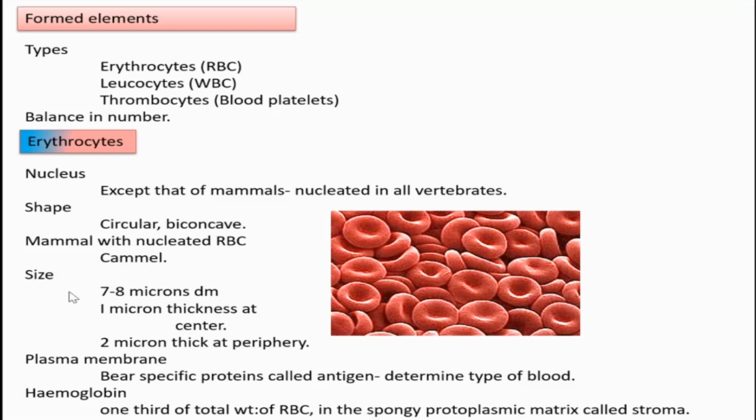What about the size? Size is 7 to 8 microns in diameter, and in the center it is thinner, 1 micron, but towards the periphery it is thicker, 2 microns. Then on its plasma membrane, there is one specialty.